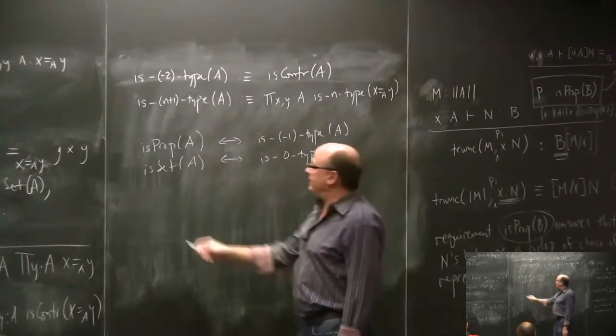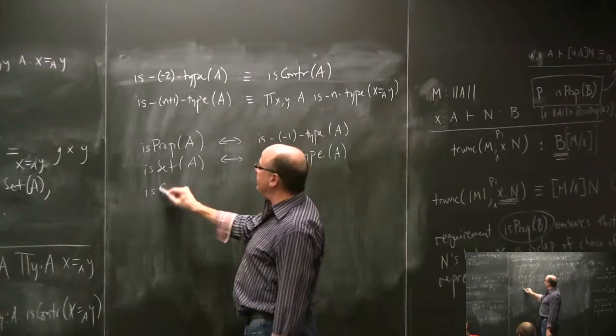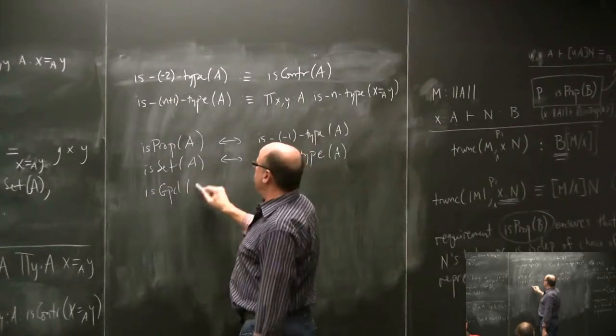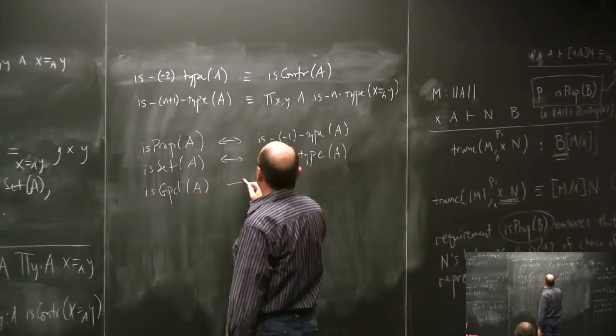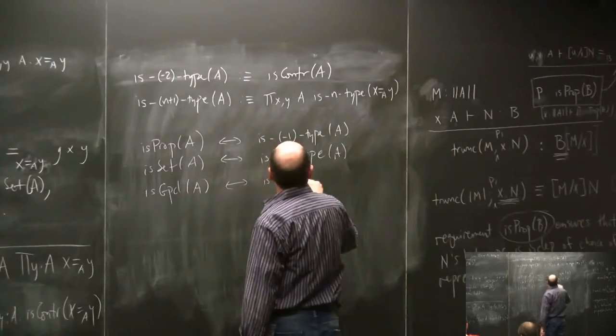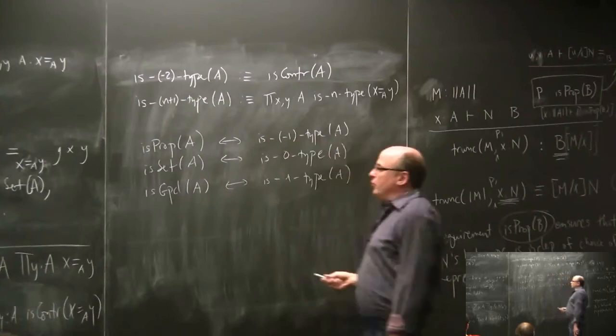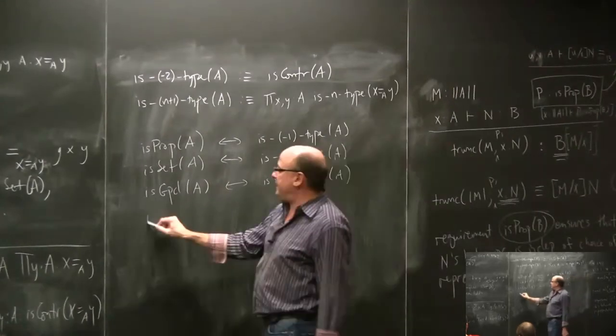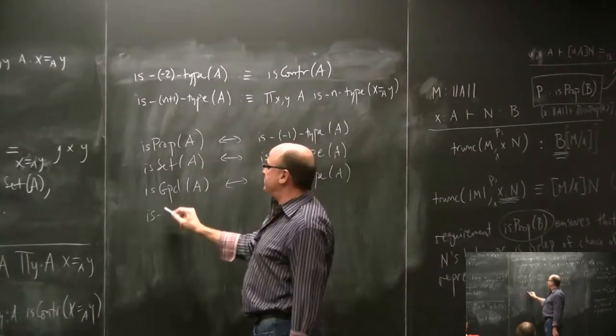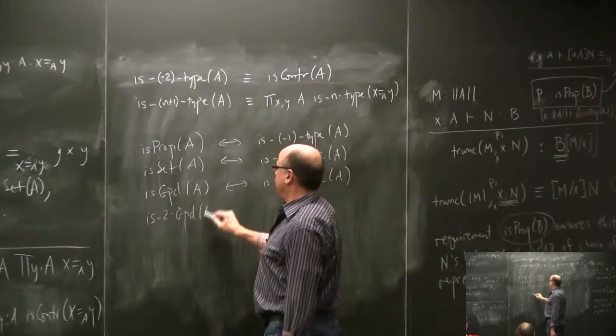Okay? And then words begin to fail you, but at some point you can certainly get this far. Is a groupoid is the same thing as saying it's a 1 type. That's a 1 groupoid. And then the terminology that was pre-existing is there was a notion of a 2 groupoid.